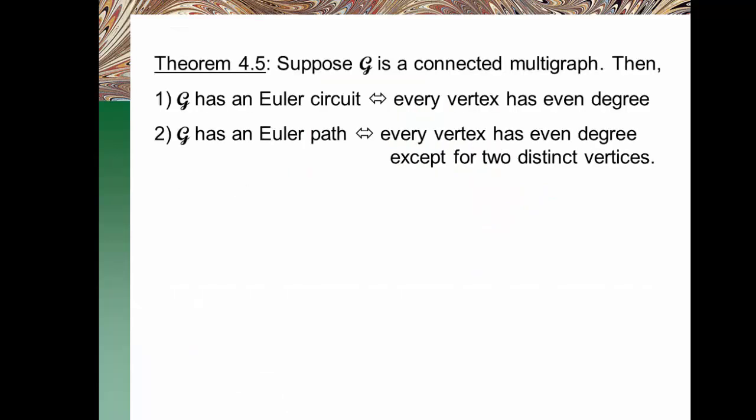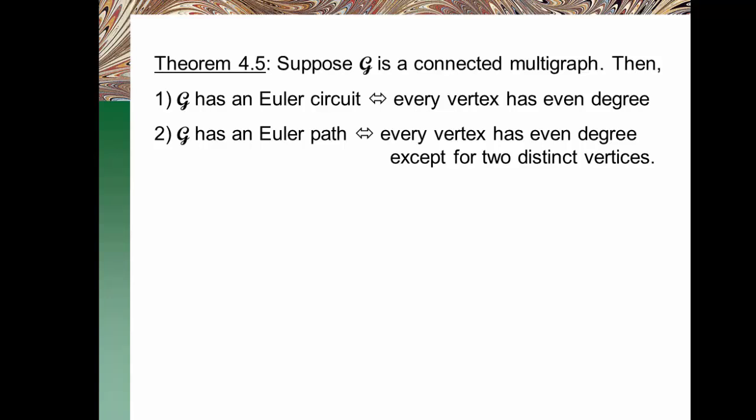Theorem 4.5 describes the condition that was mentioned before. Number one, if a graph G has an Euler circuit, then every vertex in the graph has even degree. Conversely, if we have a graph where every vertex has even degree, then we are sure that graph has an Euler circuit.